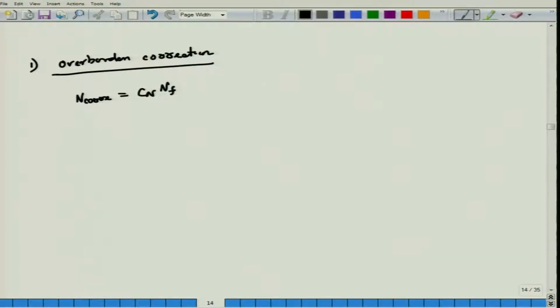So N corrected is based on your overburden pressure, Cn is your correction factor, and Nf is your N value obtained from the field.